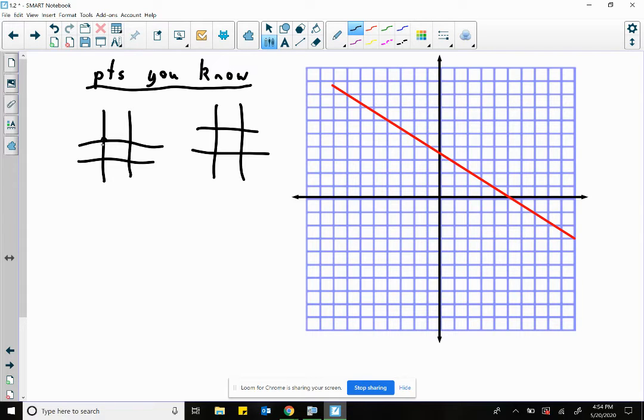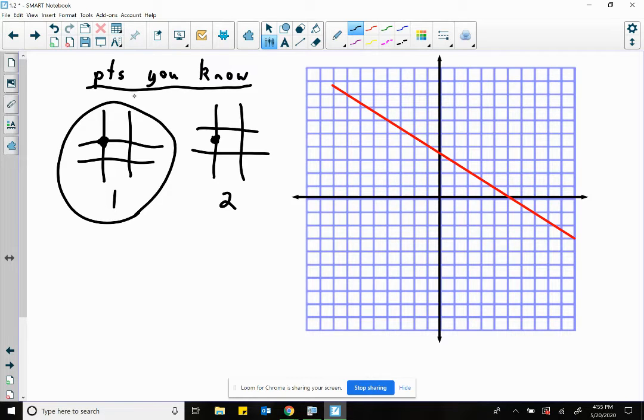Let's say graph 1, graph 2. Which one do you think is a graph of a point that we know? Graph 1 or graph 2? Hopefully you said graph 1. This is a point we know because it lies right there on the corner.